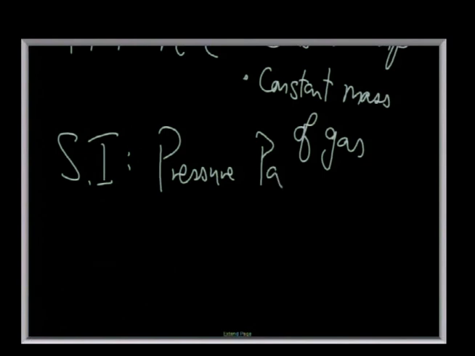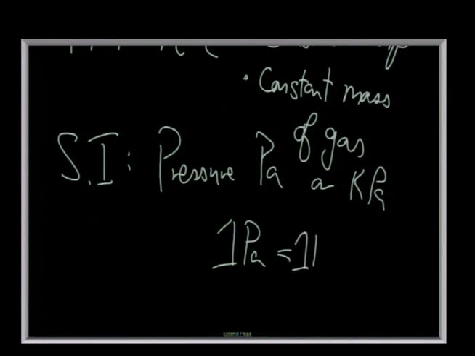Okay? Now, a pascal is an equivalent. Pascal or kilopascal is also a unit. The SI unit is actually the pascal. We can use kilopascal. This is equivalent. 1 pascal is equal to 1 Newton per meter squared, and I hope you can see where that comes from.